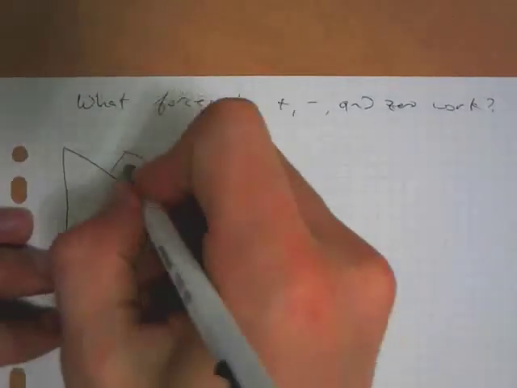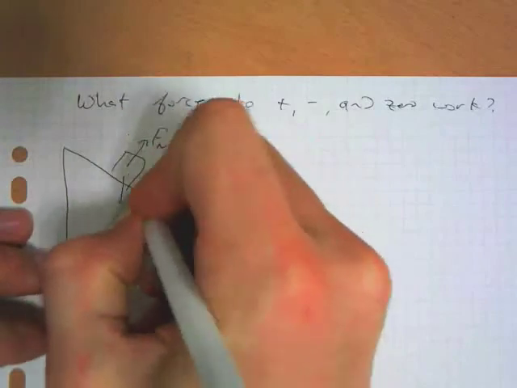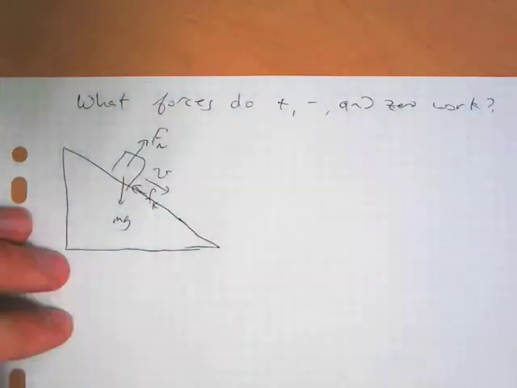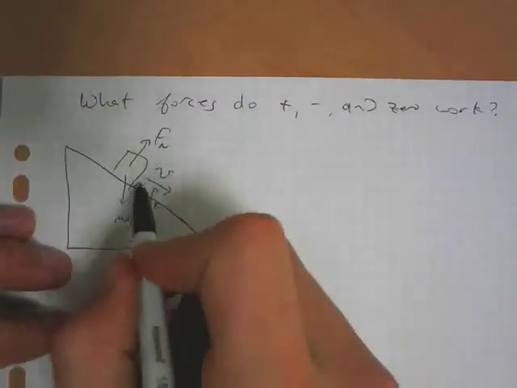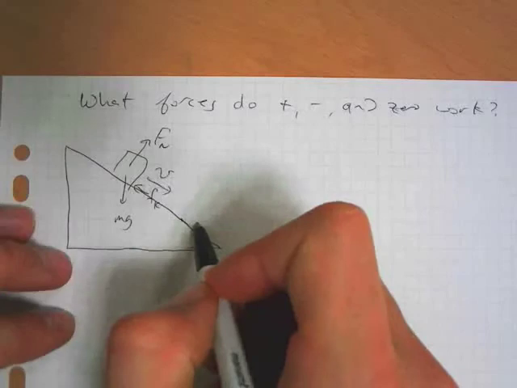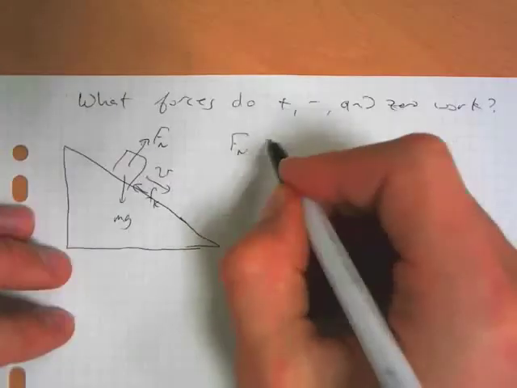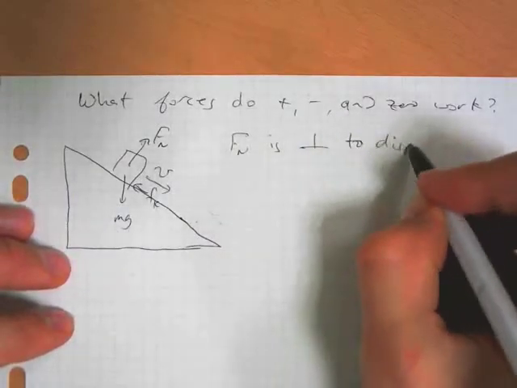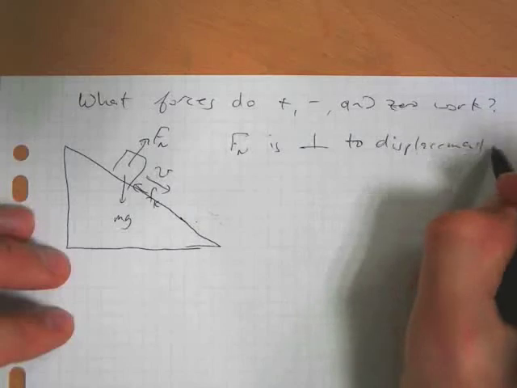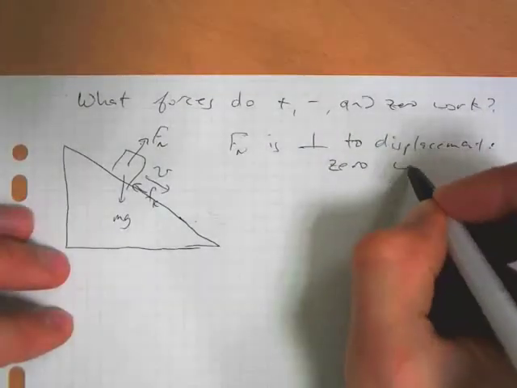We've got normal force, gravitational force, frictional force. Okay, so think about this. Our displacement is down the ramp. Normal force is perpendicular to the displacement down the ramp. Ergo, it does 0 work.